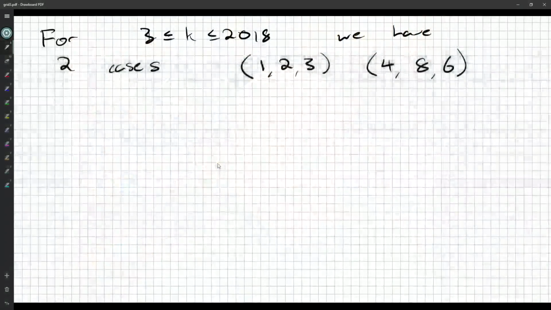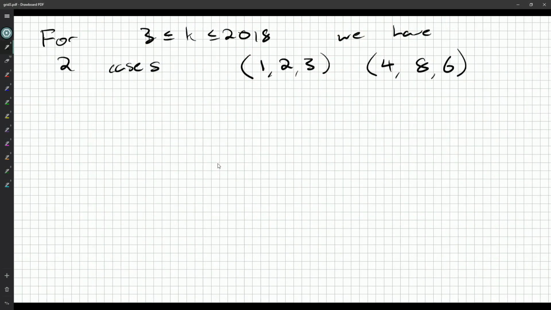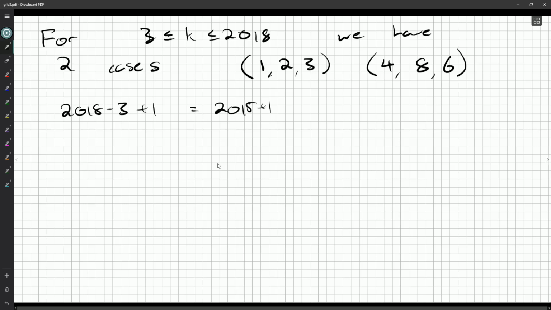Fantastic. And I could check the other one, but I'm really confident in the math, because there hasn't been really an arithmetic challenge. So 2 cases, and then 2018 minus 3 plus 1 is 2016. So 2 cases for each of these 2016 possible k values is 4032. Okay. So that does well there.